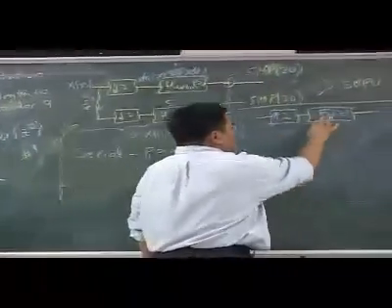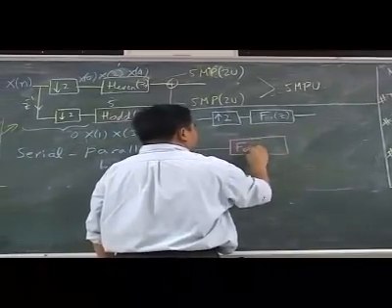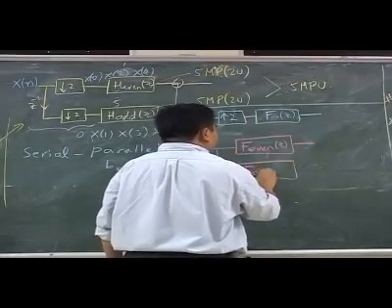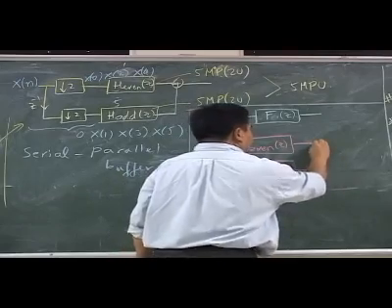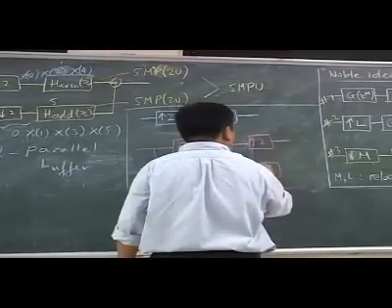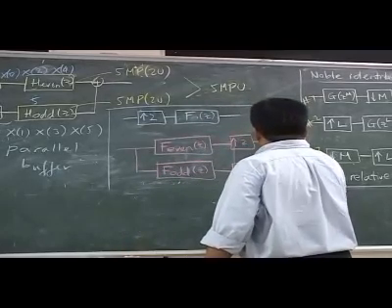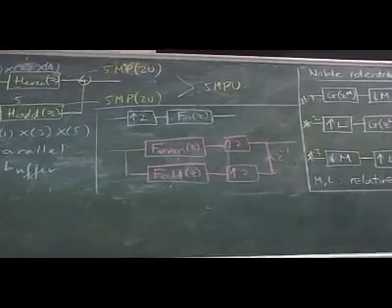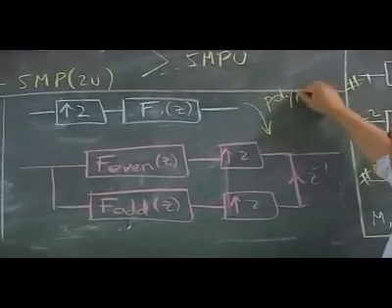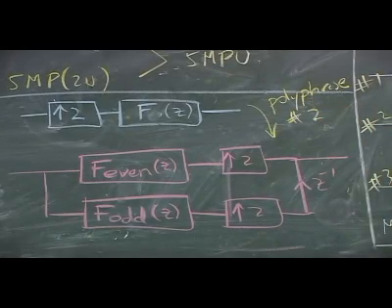So what you have will be F even of Z, F odd of Z, up by 2, okay, from here to here involves polyphase and the second identity. And I leave that exercise to you.